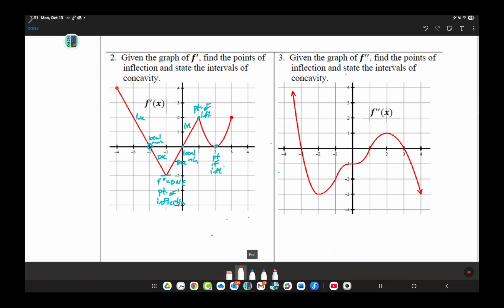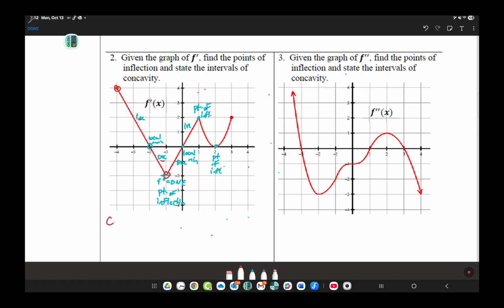Now for the second derivative, if I took the derivative of this function, all right, here my derivative is decreasing everywhere. So when I wrote increasing and decreasing, that's about the original function. But since my derivative function is decreasing from -4 to -1, that means my second derivative would be negative. And what happens when my second derivative is negative? That means it is concave down.